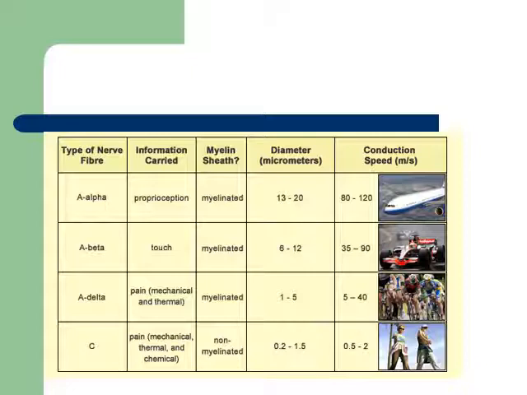These histological differences have functional importance, where the C and A delta fibers, the thin fibers, are more responsible for pain and temperature function, while the large fibers are more responsible for proprioception and touch when it is sensory, as well as motor fibers.